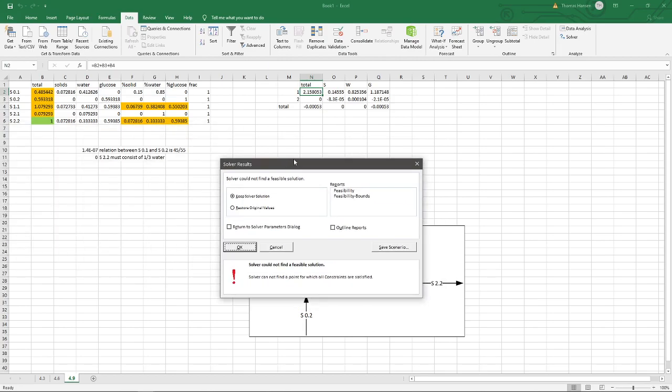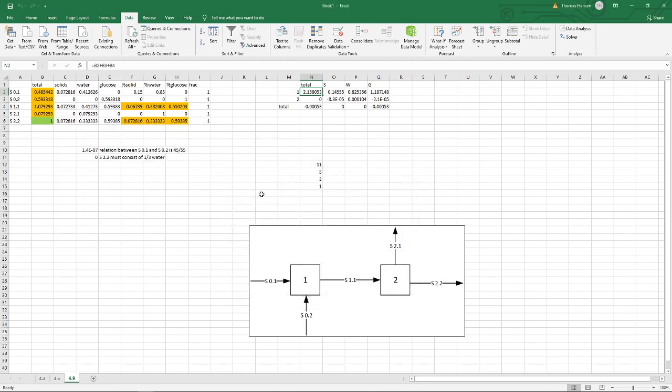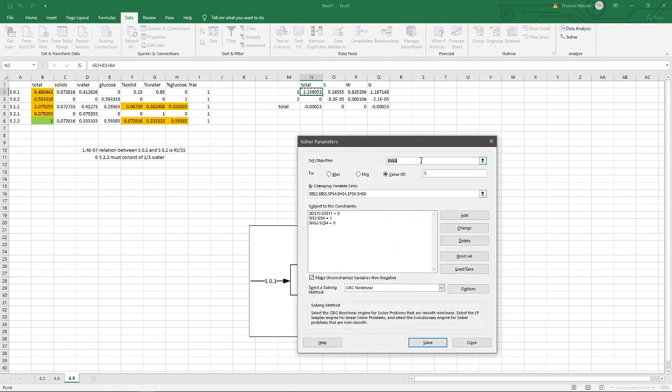No, what has gone wrong? So now we will start to look at where it might have gone wrong. I suspect that Excel doesn't like it if you actually have too many equations. So let's just take it from the start. I want that one to be equal to 0.